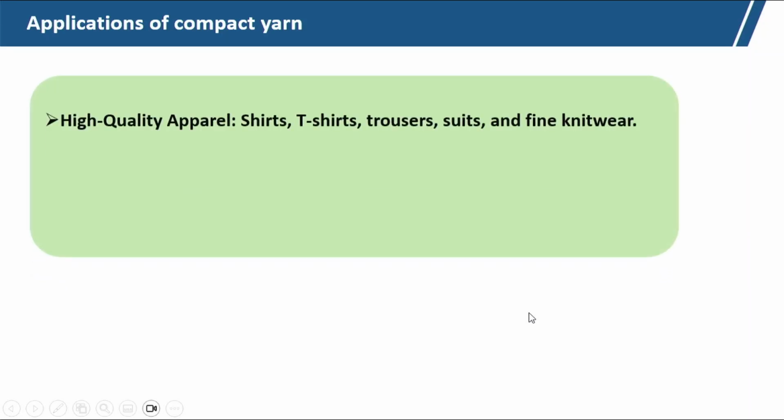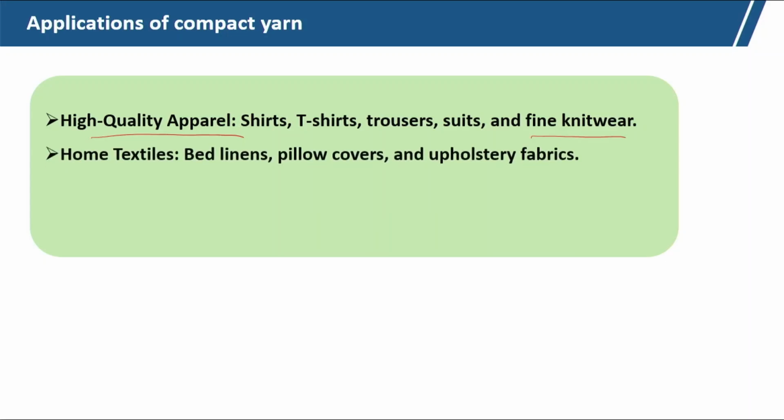The applications, if we see here: high quality apparel, we use compact spinning for shirts, t-shirts, trousers, suits and fine knitwear. So, where expensive apparel is concerned, we can use it here.